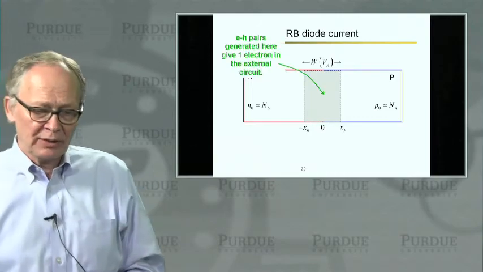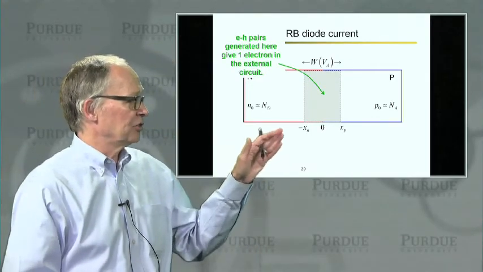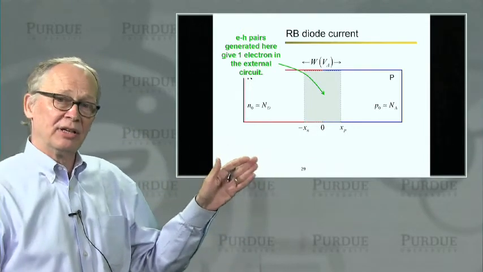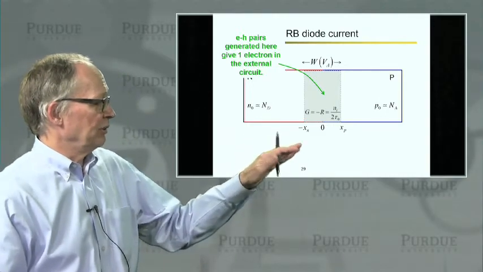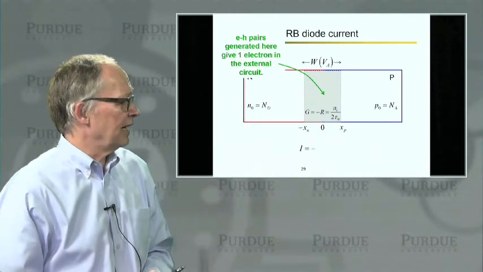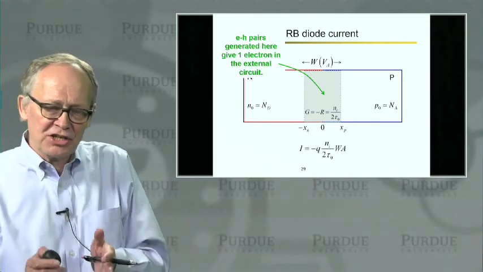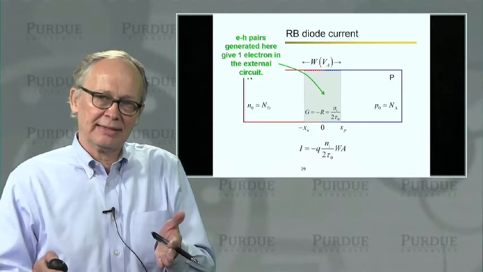So when we look at a reverse bias junction, any electron-hole pair that's generated in that transition region is going to lead to one electron in the external circuit. The generation rate is proportional to Ni over 2 tau. And the current is going to be proportional to that generation rate times the width of the region over which that generation is occurring.